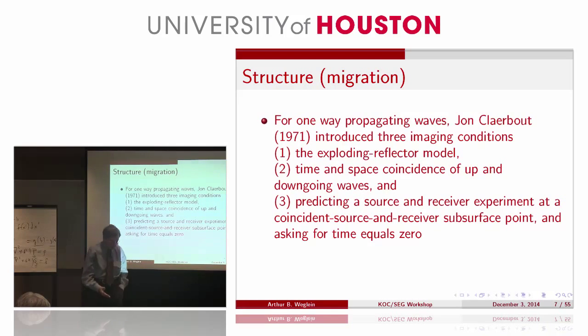Those differences are there for one-way waves. What we're providing is the way to get the experiment under conditions where you have two-way propagation. If in your volume you have waves going up and down, going through a reflector, you have two-way propagation.